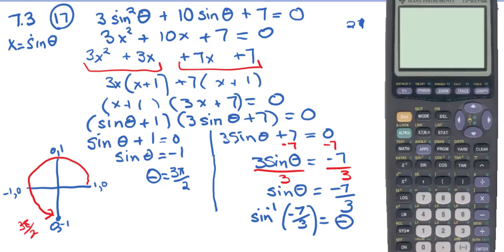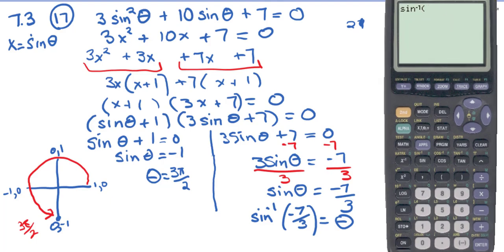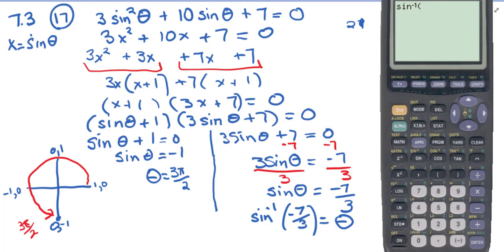All right, and now we'll get our calculator, and we will do, sorry, it makes me use the mouse on here. Second, sine inverse of, sorry, I should have kept your viewing window a little bit more. -7 divided by 3, close, enter, and I get a domain error.